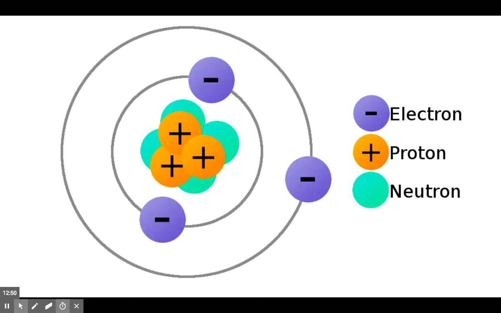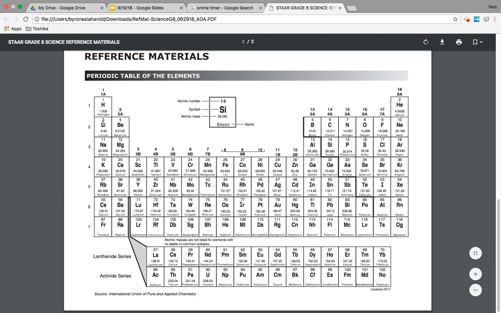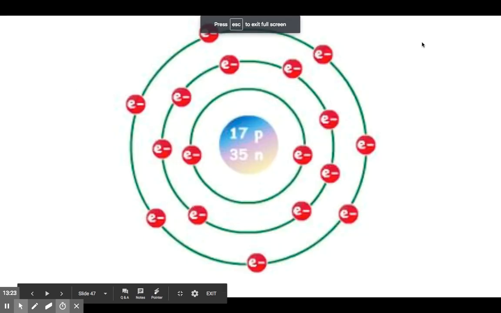What about this one? What element is this? All right. So all you had to do was count the protons, 1, 2, 3. Go to the periodic table. Atomic number 3 is lithium. All right.